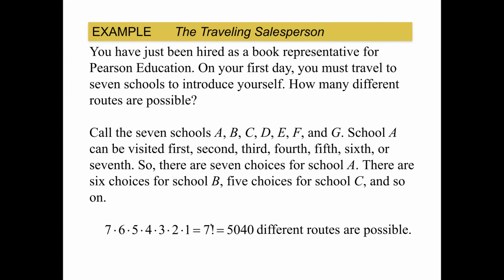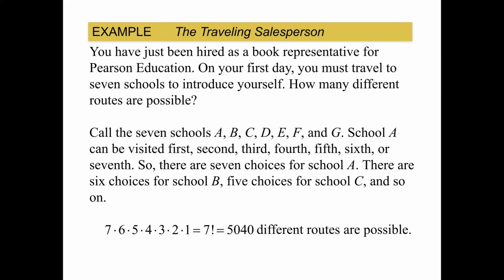So you'd have all those choices, and that is by definition, 7 factorial is this sequence of multiplication. So if you were a book representative and you had to travel to 7 campuses, you would have 5,040 different routes. Okay. That would be the different routes you could choose from during that day.